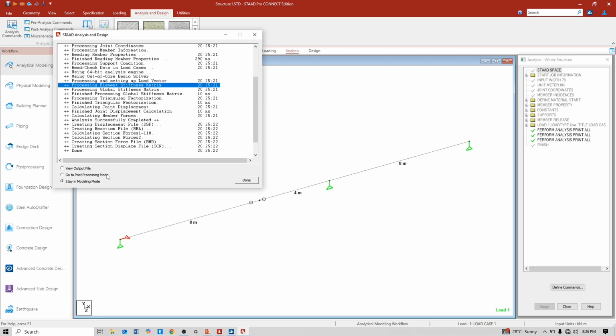See that way StaadPro calculates it. Creating section force BMD.